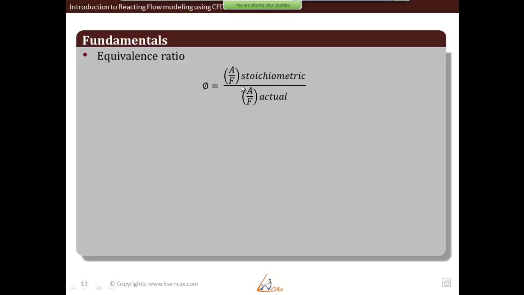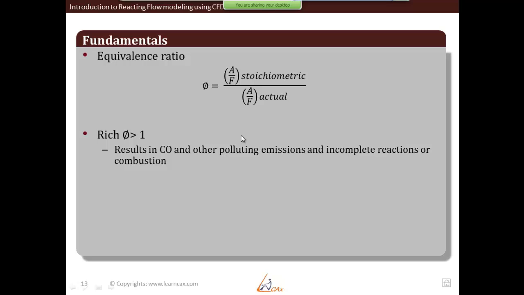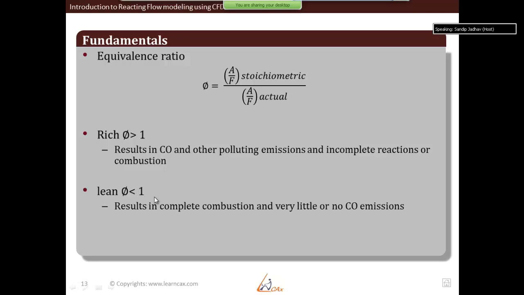This gives us a sort of understanding: if the equivalence ratio is greater than 1, we say that it is a rich mixture, which can result in polluting emissions and incomplete reactions, whereas a lean mixture will result in no emissions, but it will result in excessive oxidizer usage. So we also have to be careful about that. This is something called excess air, because more than the required air or oxidizer is present.